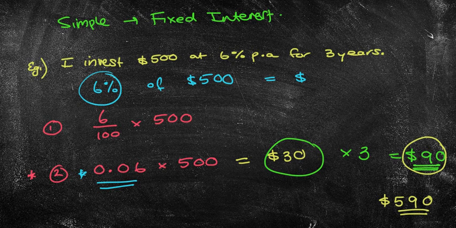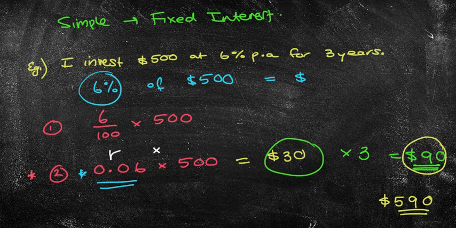So what's the formula that I've been talking about? Well, if we look at this thing here, 0.06, or that 6%, that's what we refer to as the interest rate. We like to call that R. The 500 is what we start with.